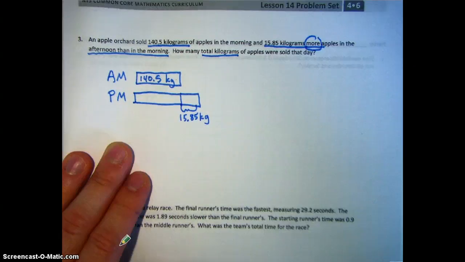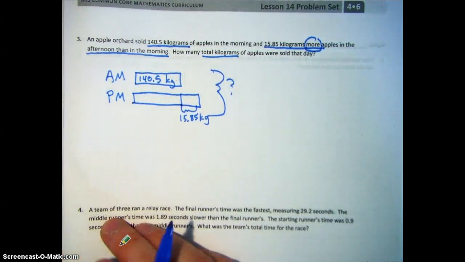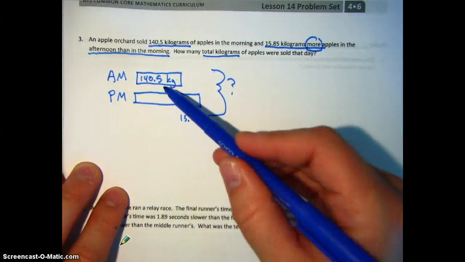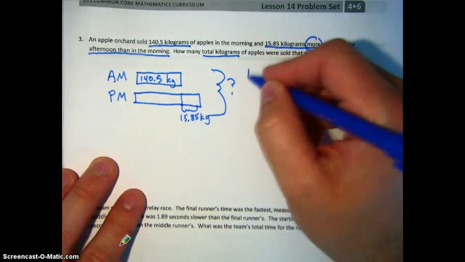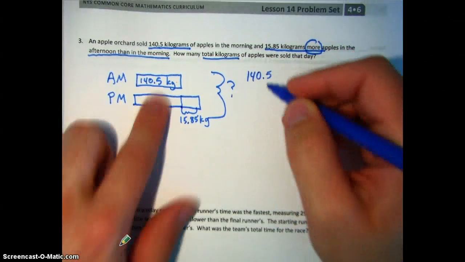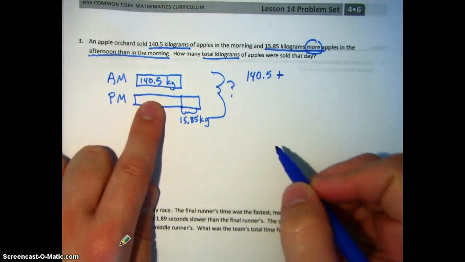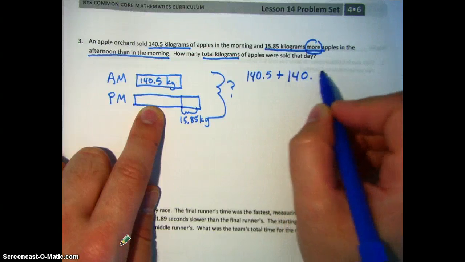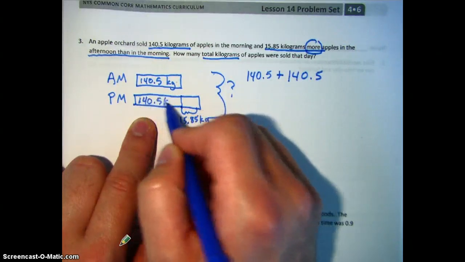Now going back to our question here, we want to know the total for the whole day. Okay. Now, as you see, we have actually 3 sections here, and these 2 are the same. So now when we go to add this up, we have 140 and 5 tenths from our morning. Then the afternoon bar also has 140 and 5 tenths. Okay, that part is the same.